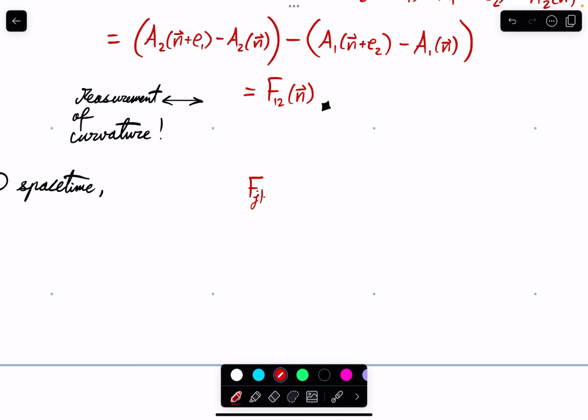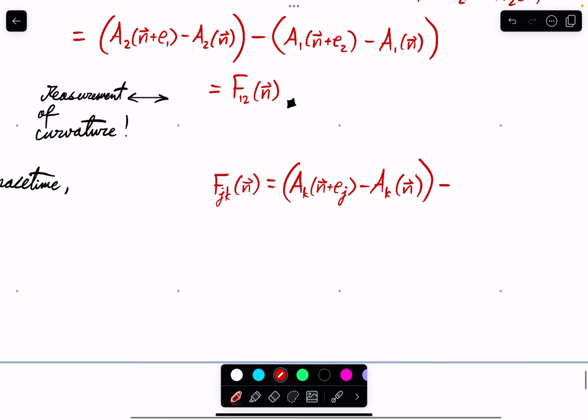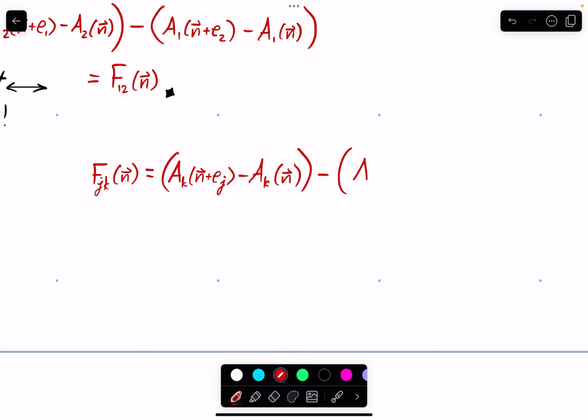C j k, some point n, is equal to a k at n plus e sub j, minus a k at n, and minus a sub j at n plus e sub k, minus a sub j at n.